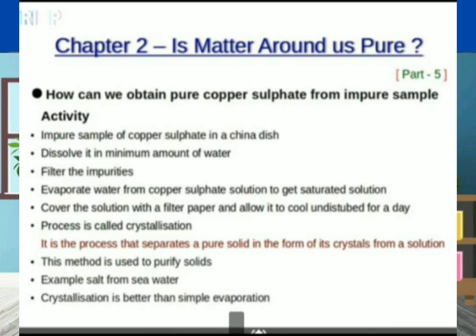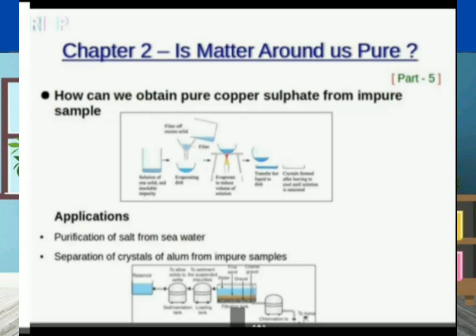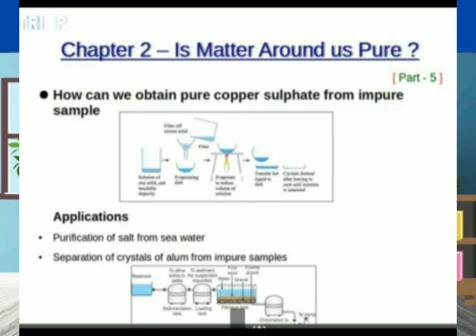An example is salt from seawater. Here you can see we are separating impurities from copper sulfate. We can use this method for the purification of salt from seawater.